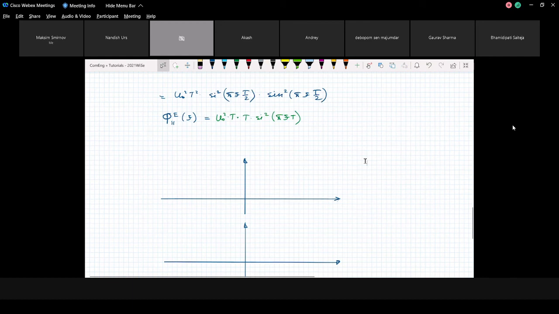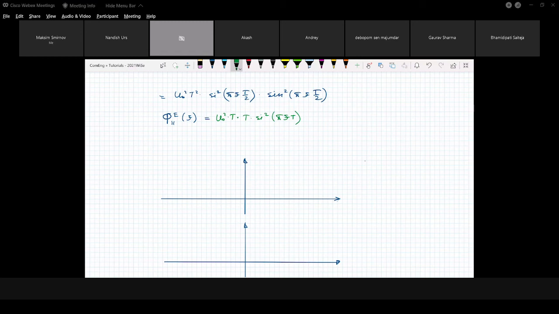So once again, I ask you the question, at which points will the c function be equal to 0? What will be the first 0 point for the c square function? But please answer louder because I don't hear you. Yes, 1 over t.